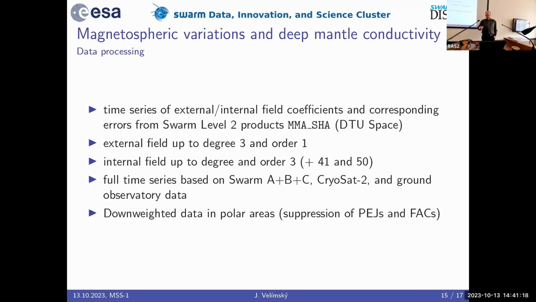And again, with this about 6-hour sampling for the higher harmonics. These models are derived using all Swarm data, but also the CryoSat-2 platform data and the ground observatory data. There is some downweighting in the processing in the polar areas due to polar electrojets and FACs. We have now a new methodology to improve this processing, but I'm not showing the results yet. It's not yet working fully for long time series. We just have a few small examples.